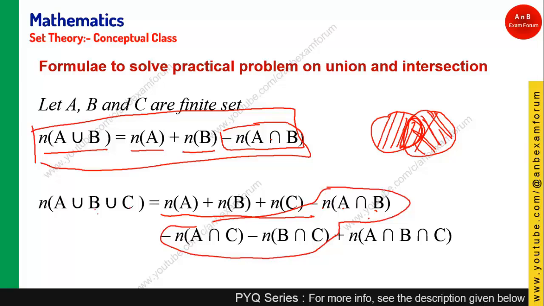If you make a diagram, you can easily understand. Then you need to add all the elements which are common to all the sets. This portion you need to add, because from these three operations you are subtracting one and ignoring this portion. That's why we add this intersection portion. These two formulas are very important, you should learn them by heart.